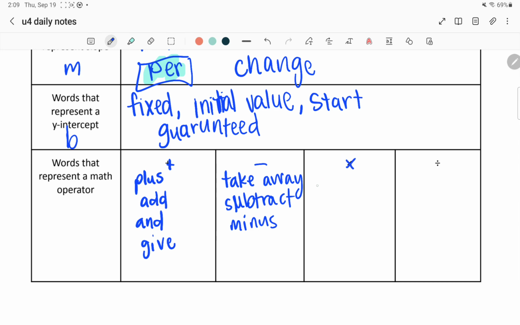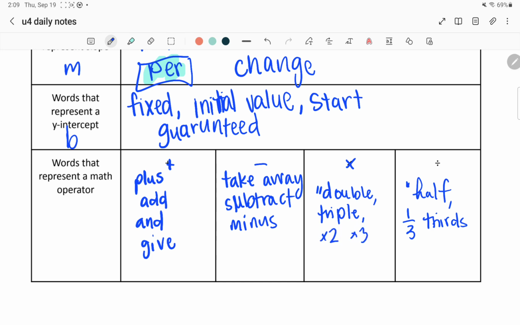For multiplication, it'll feel a little weird, but you might see double or triple or something like that. And for dividing, you might see like cut in half or a third. So if we see fractions, that's dividing. If we see double, triple, that's times 2, times 3. Okay.